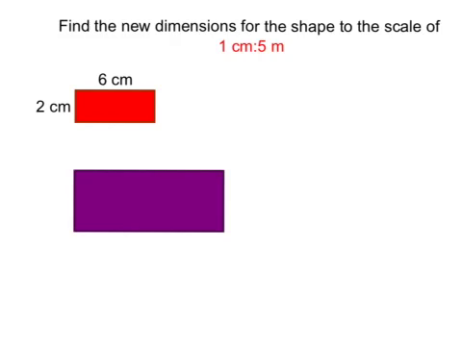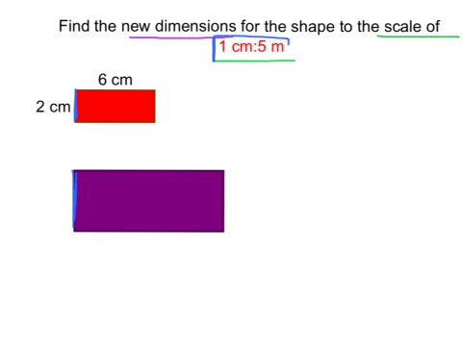Our next problem is asking us to find the new dimensions for the shape with a scale of 1 centimeter is 5 meters. And so we're going to set up a proportion. Short side, short side. Let's find that length first.